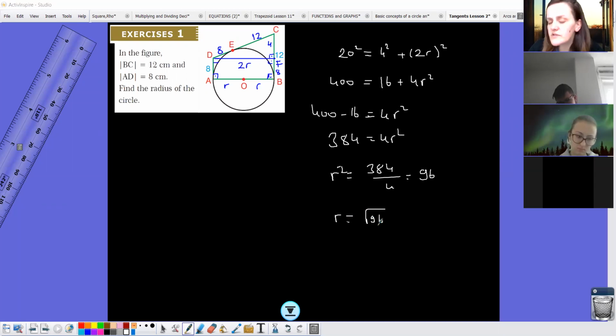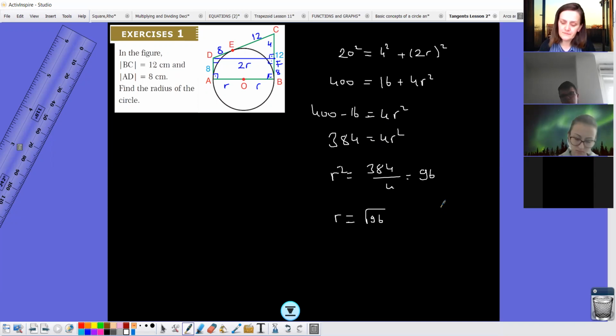So you can do some simplifications here if you want. 96 is divisible by 4, yes.